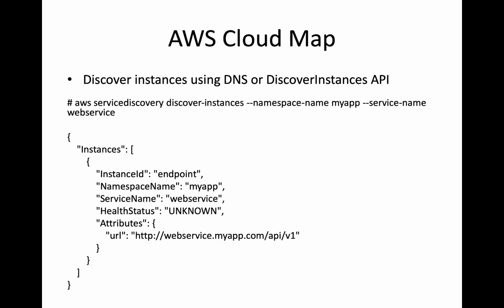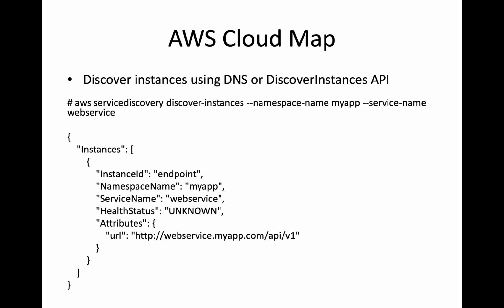Here's an example using the AWS CLI, where we're querying the service discovery service and we are trying to discover the instances associated with a namespace called MyApp. We're looking for the web service that is part of the MyApp namespace.